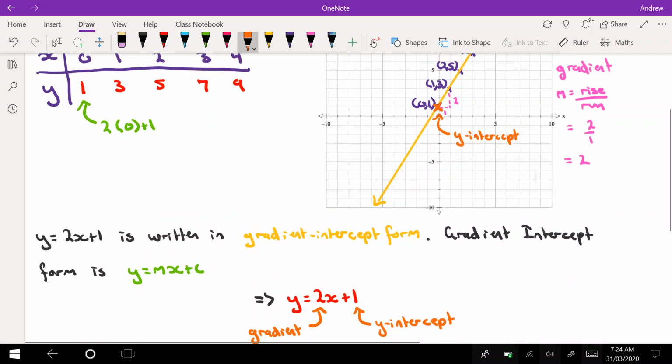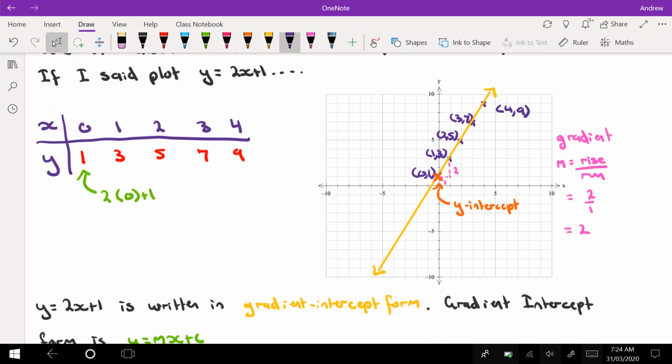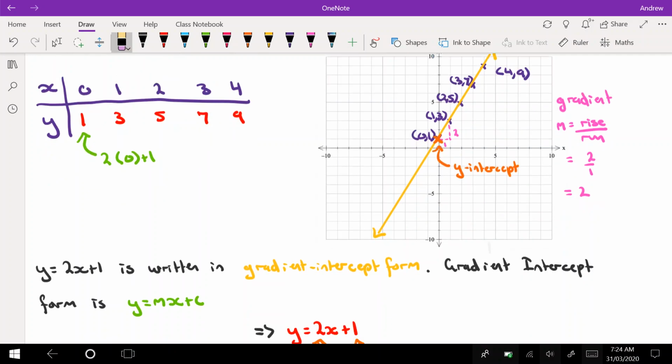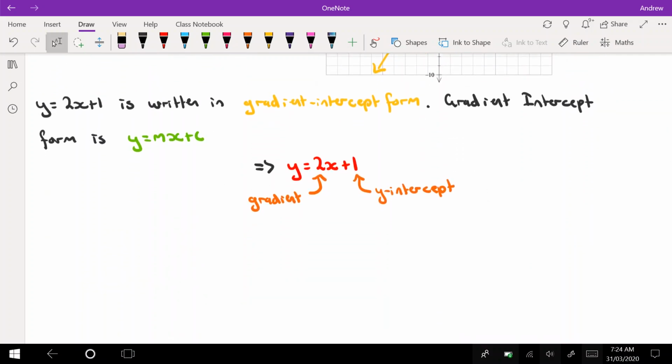Well, if I look back at the top, look back to my line, okay? My gradient is 2, so that works. My y-intercept is 1. So both of my points are valid. So it is clearly gradient-intercept form because it is where the points are.